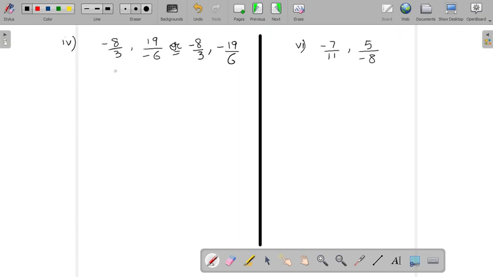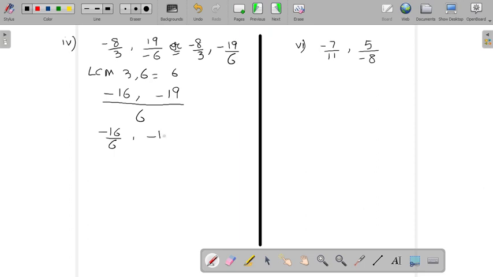Now we would take the LCM. Same procedure: the LCM of 3 and 6 is 6. Now put the line, 6, from below divide, from above multiply: 2 and minus 16, and here 1 and minus 19. What should be the next step?